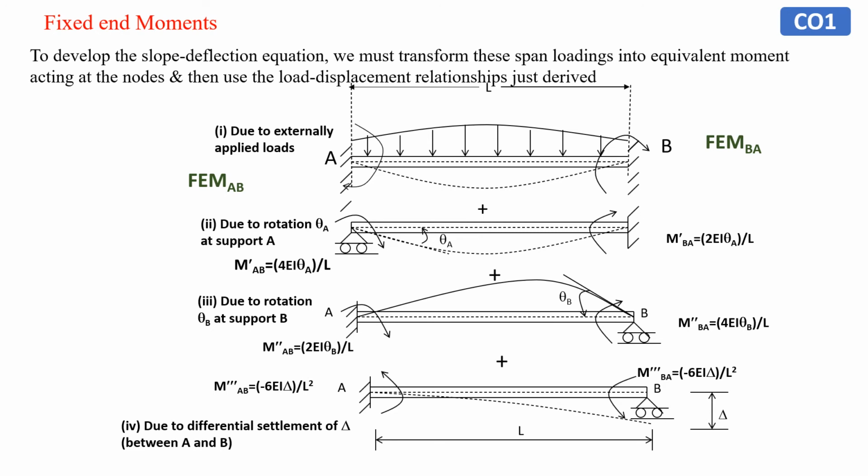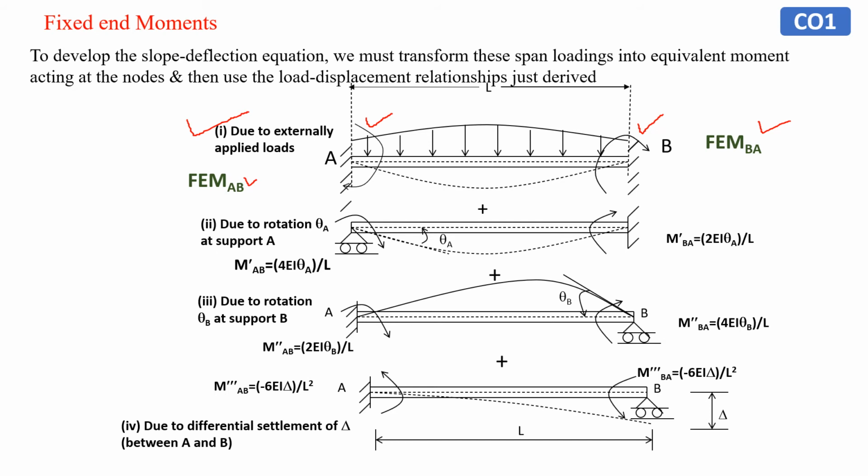So let us consider the structure. First is the moment MAB and MBA because of fixed end and externally applied loads. Because of external loads, these will be denoted by fixed end moment AB and fixed end moment BA, and these moments we can determine by using standard moment formulas.